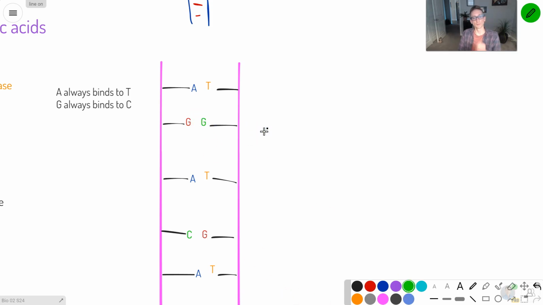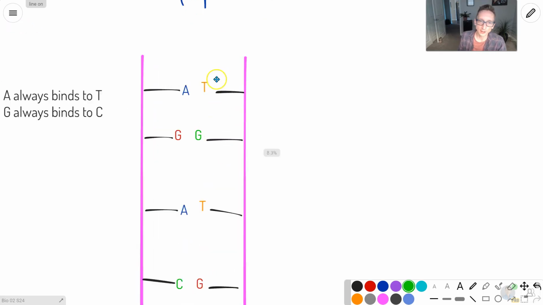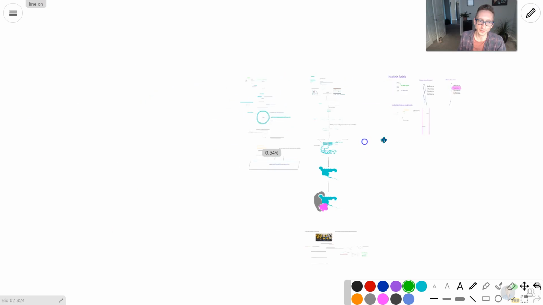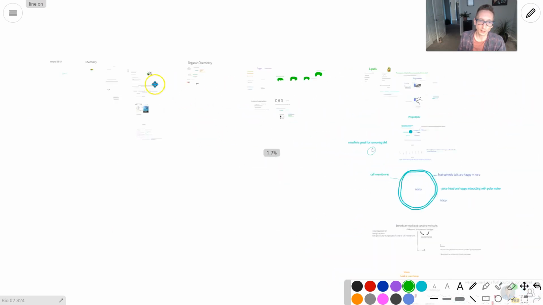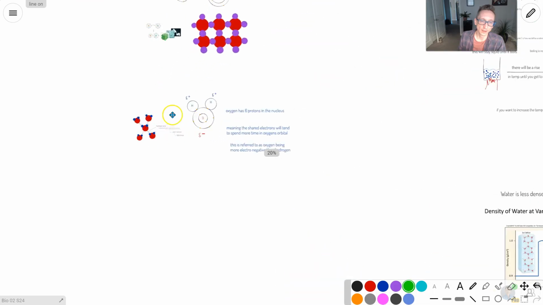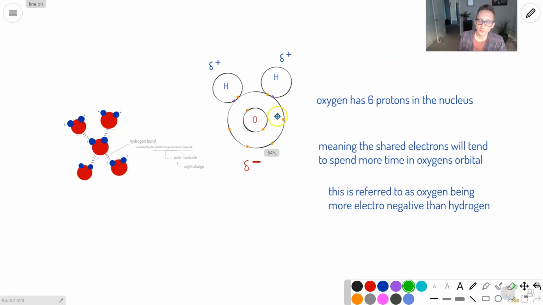Okay? So these bases in between the DNA actually zip the ladder up together. And the way they do that is with hydrogen bonds. If you remember what a hydrogen bond is, we'll go back to water here. So water has this polarity, this semi-charge, because electrons like to spend more time with oxygen than they do with hydrogen.